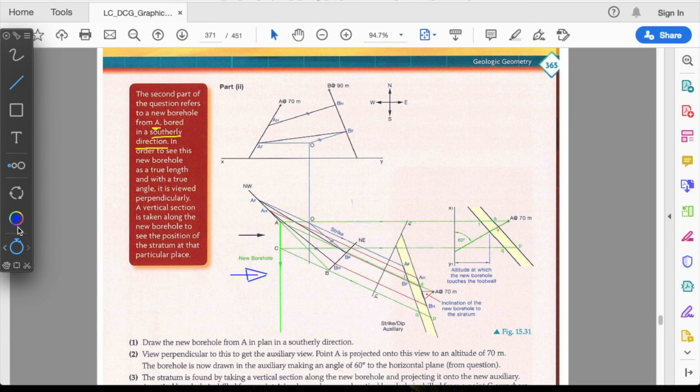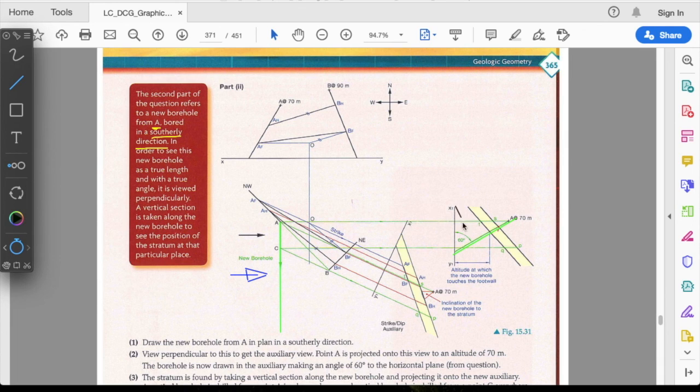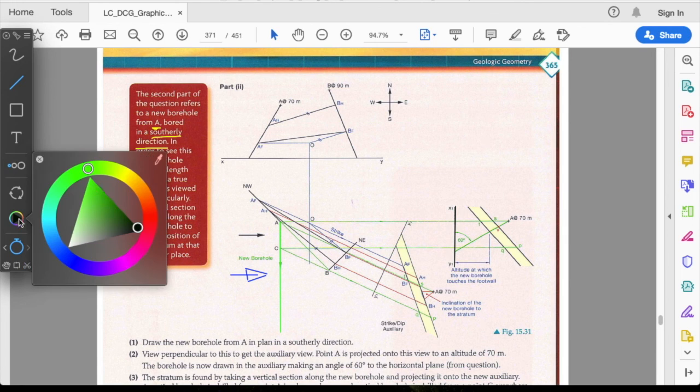Within that, there's my borehole, and then obviously we have the X1Y1 line coming with that. So we have our borehole and the X1Y1 line. Let's just get that one a bit closer to where it should be.